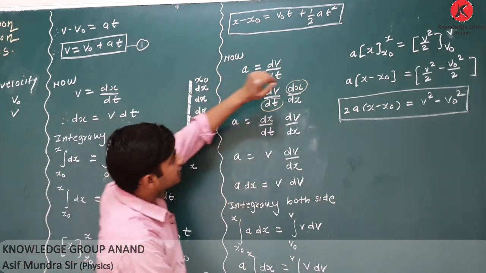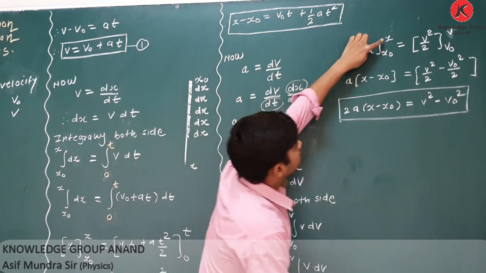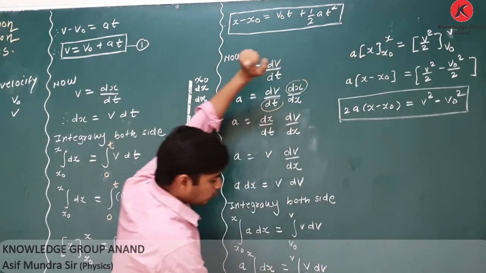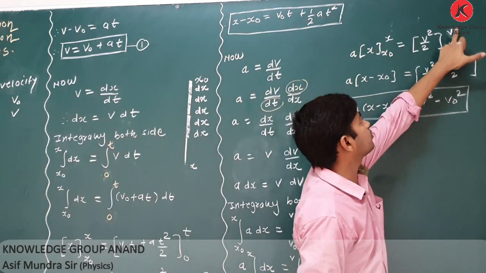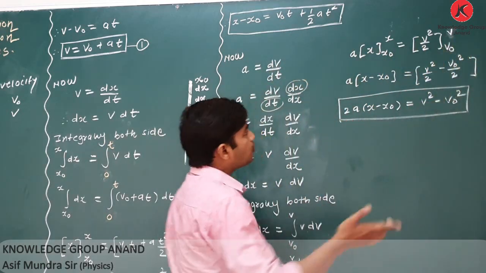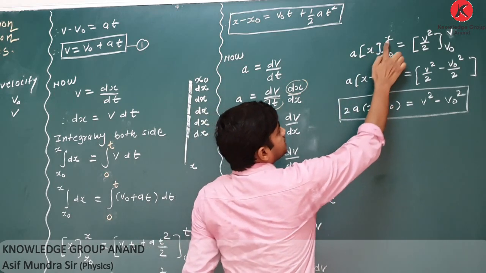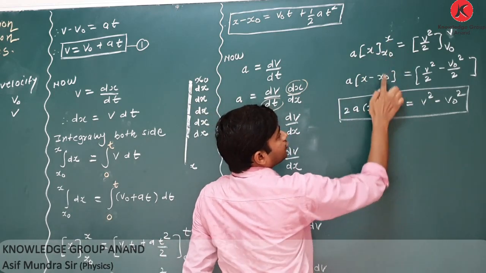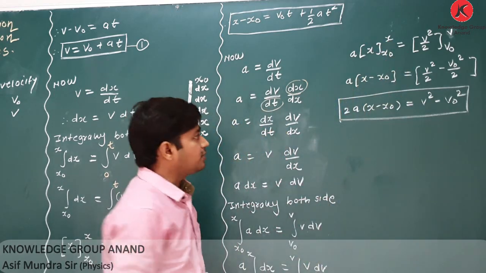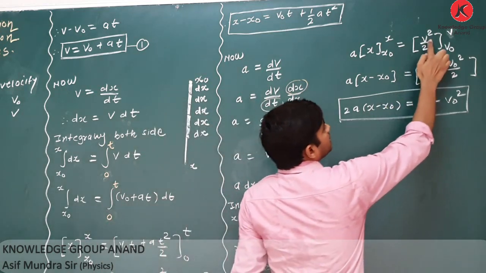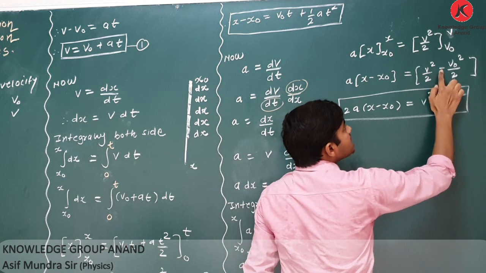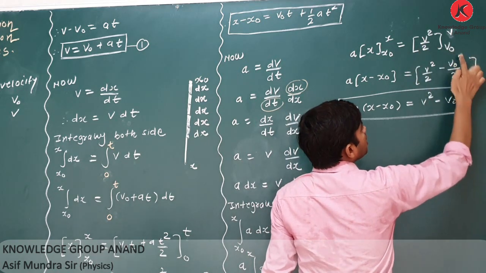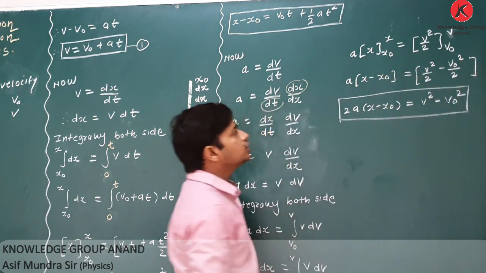Now a comes out of the integration, because it is constant: x0 to x dx is equal to v0 to v, v dv. What is integration dx? x, upper limit, lower limit. What is integration of v? v square by 2, upper limit, lower limit. Now put the limit: a times x minus x0, upper limit minus lower limit, is equal to this side. This v is replaced by v, that is v square by 2, minus this v replaced by the lower limit, v0 square by 2.